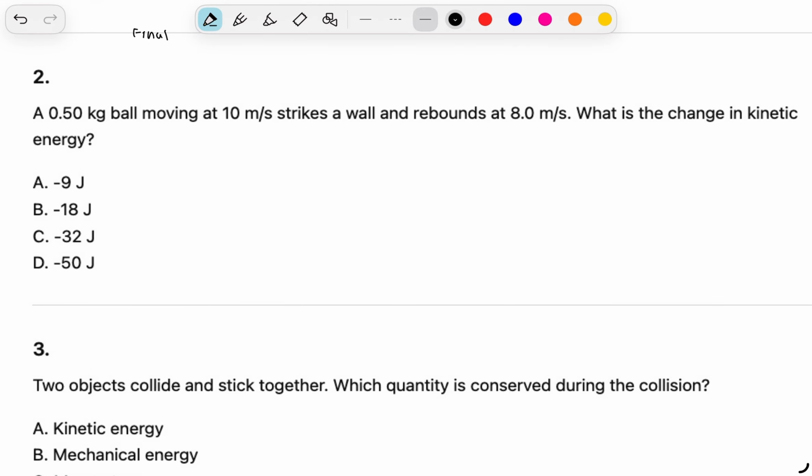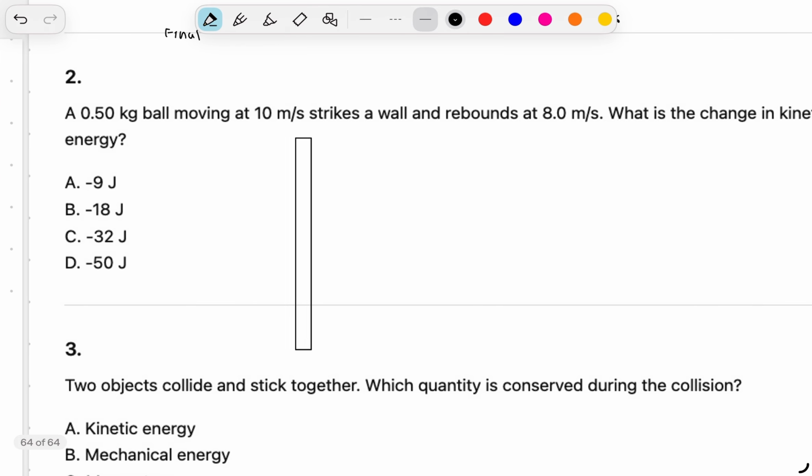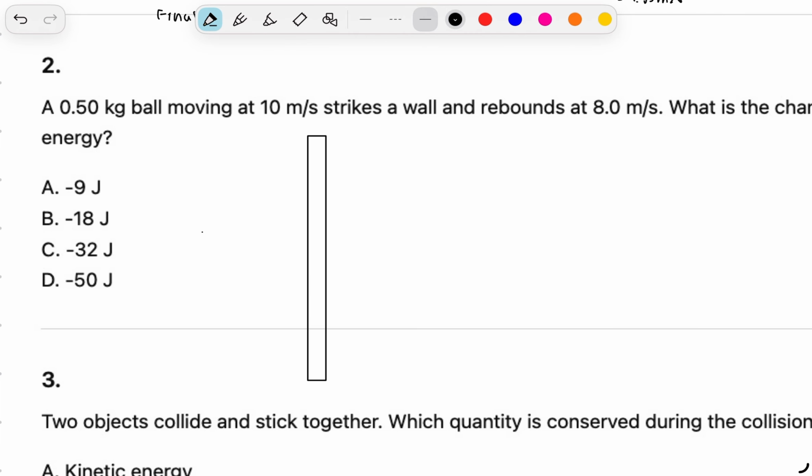A 0.5 kilogram ball moving at 10 meters per second strikes a ball and rebounds at 8 meters per second. We want delta K. So kinetic energy is this general form.